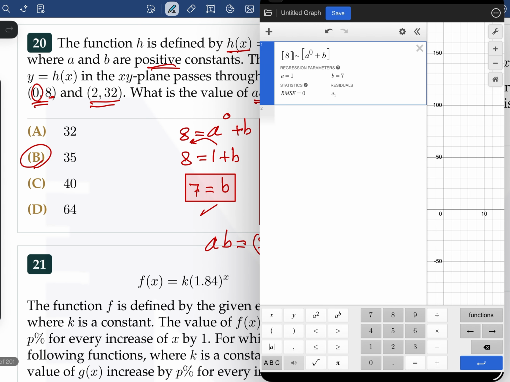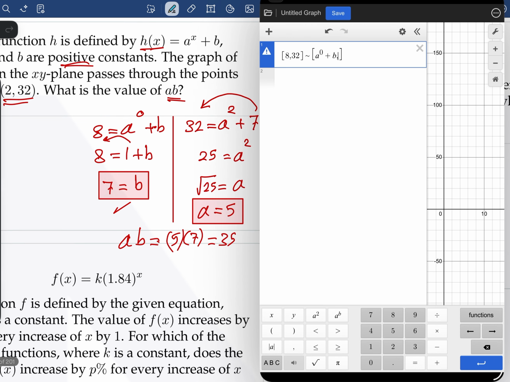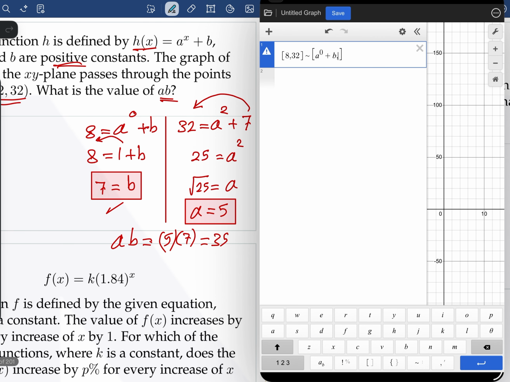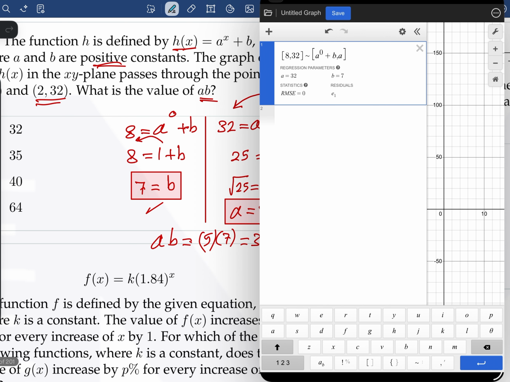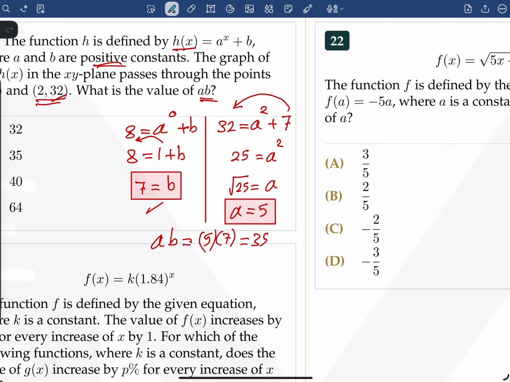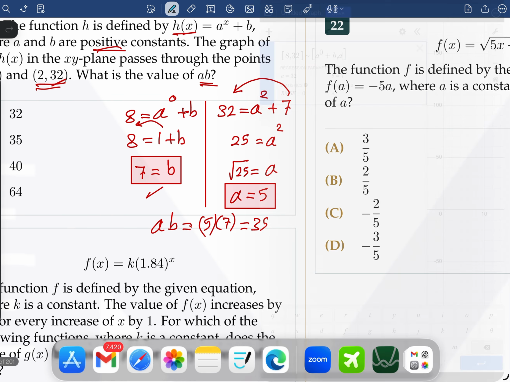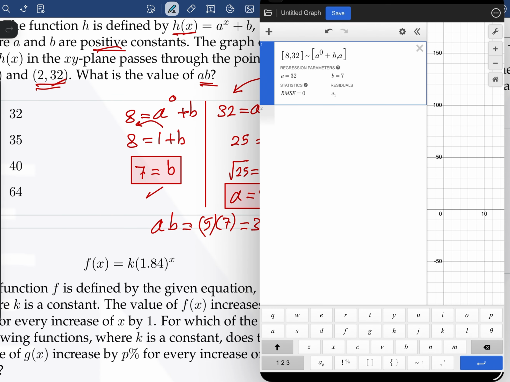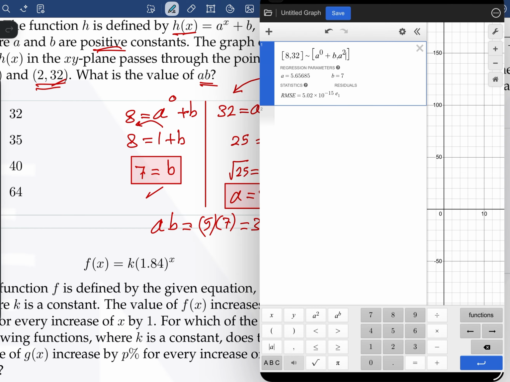So that's the first piece of information, and we make a comma and write the second point. 32 instead of the h, and on the right we write a to the power of 2, because this 32 is related to the number 2. A to the power of 2, or just write square, plus b.